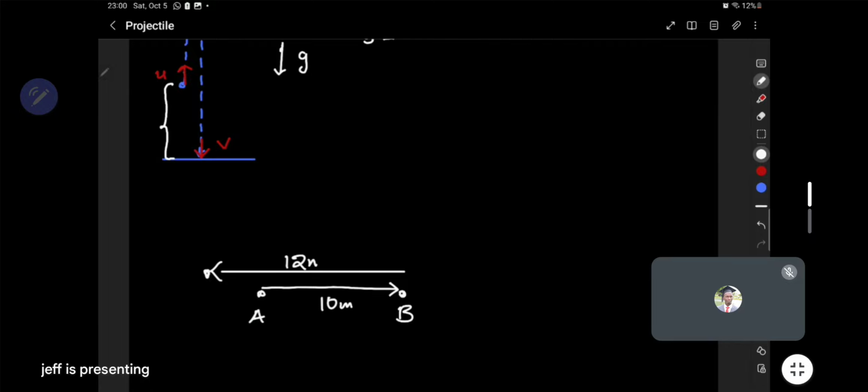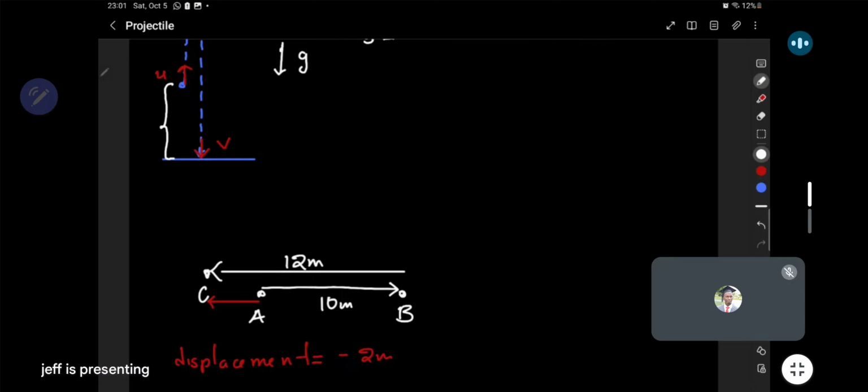The displacement is just the distance from where you started to where you are. If you started from A and now you are at C, your displacement is just this small distance here, from A to C. The displacement will be equal to negative 2 meters. Negative means that you ended up actually behind the starting point.